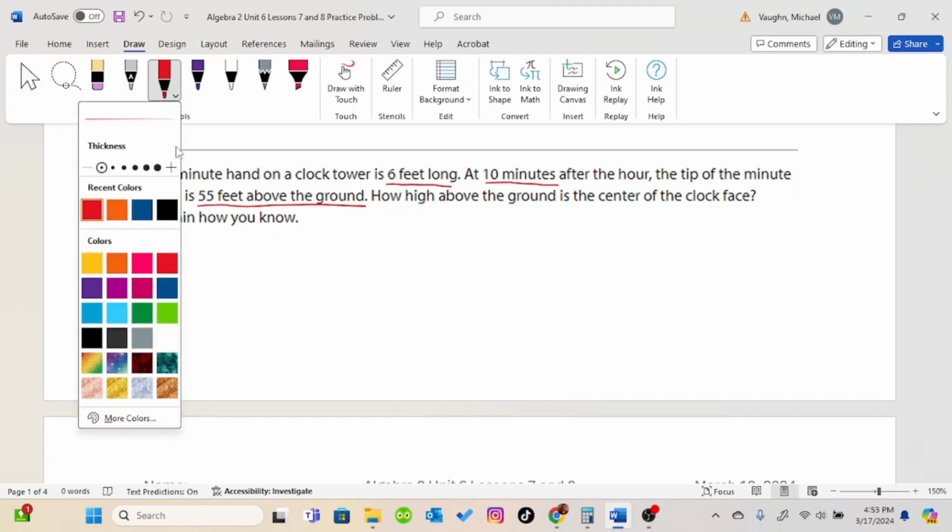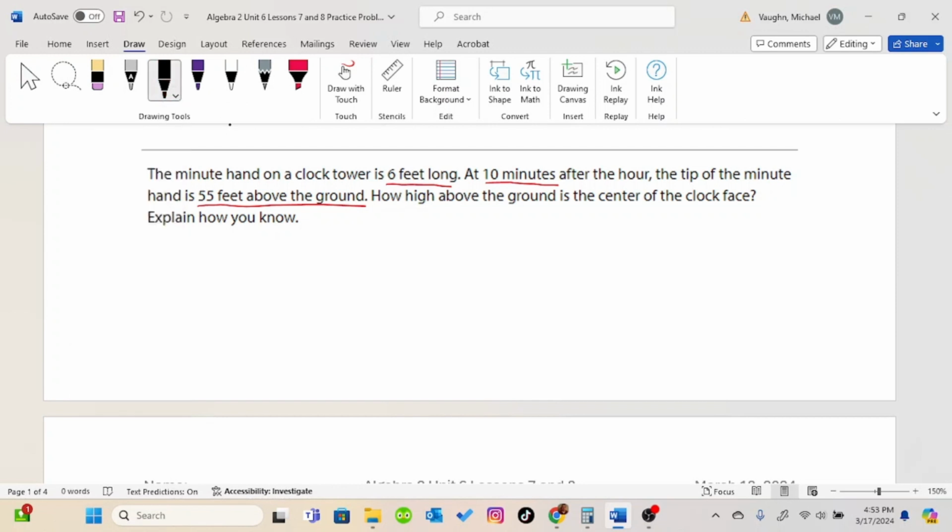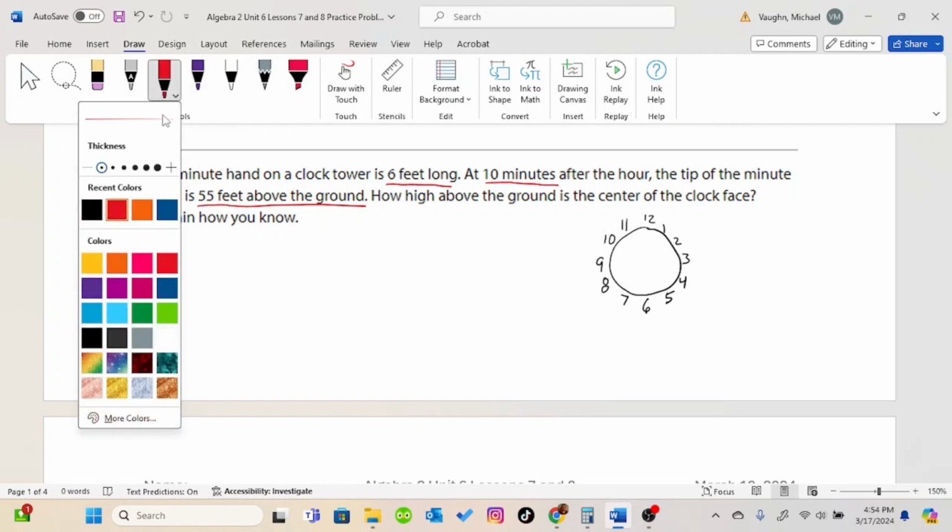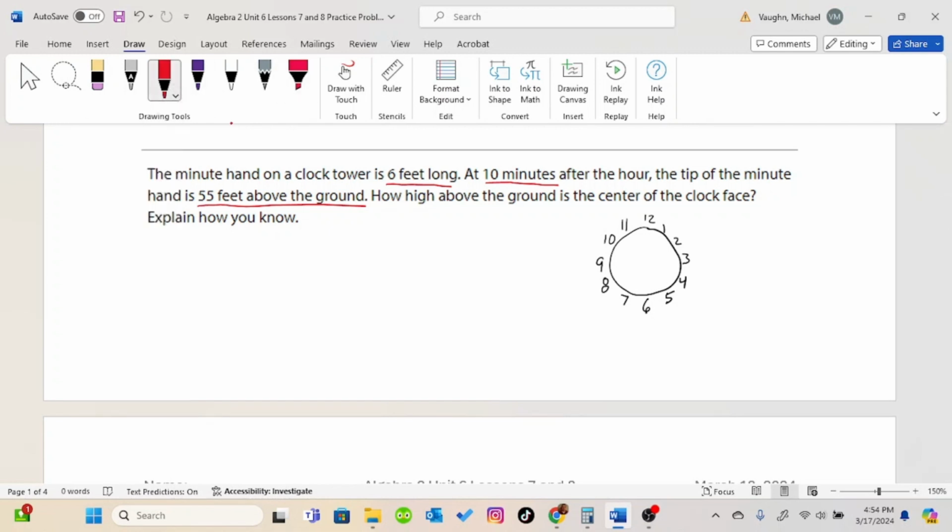So if we had a clock face, and we put the numbers on here, if we are talking about 10 minutes, then the hand is pointing at the 2, so we have this angle in red.